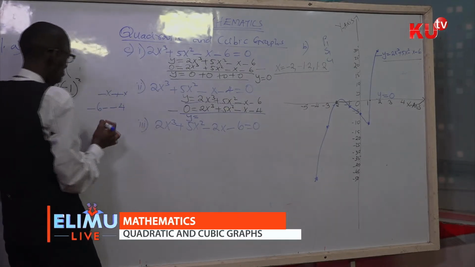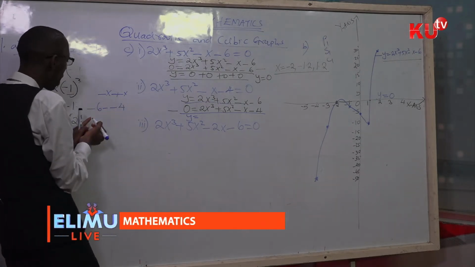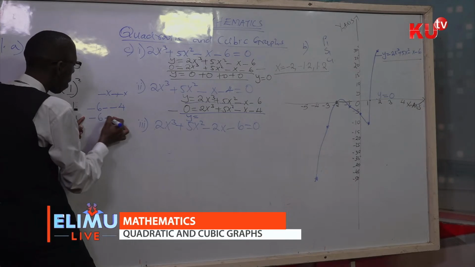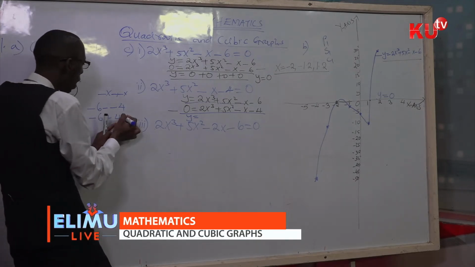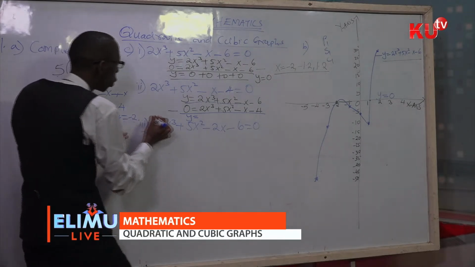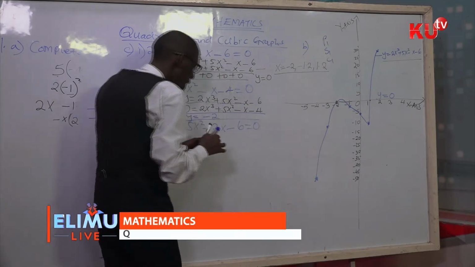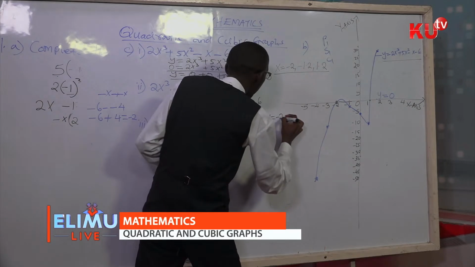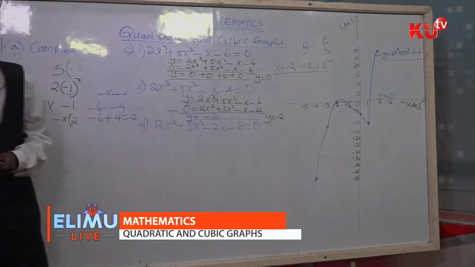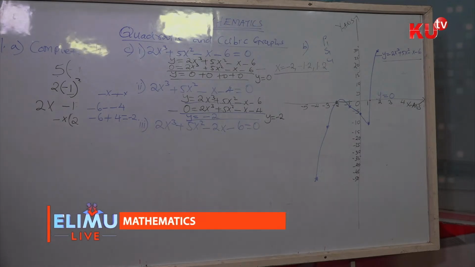Negative 6 minus negative 4 will be negative 6 plus 4. Negative 6 plus 4 will give us negative 2. So our y, in this case, is equals to negative 2.